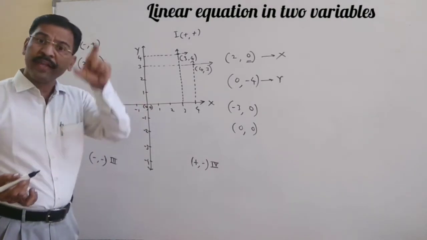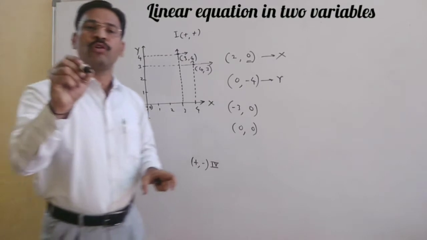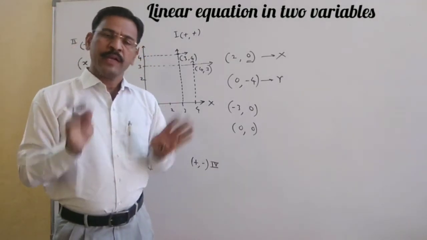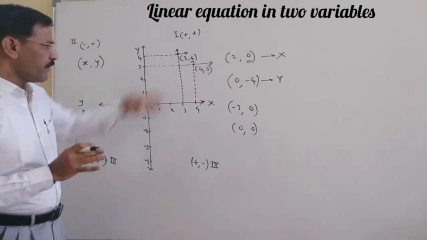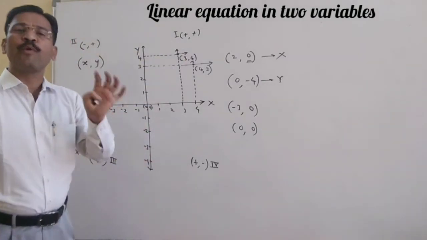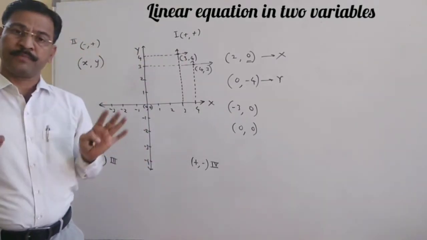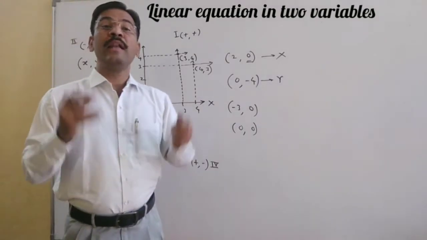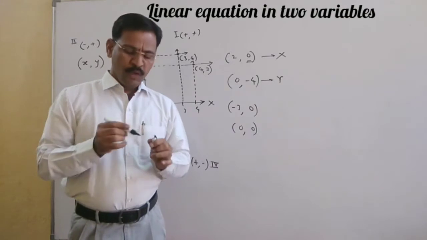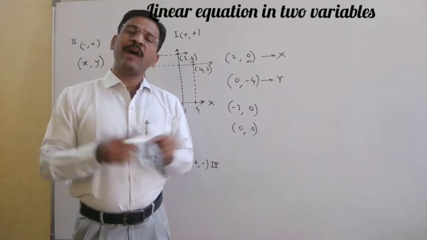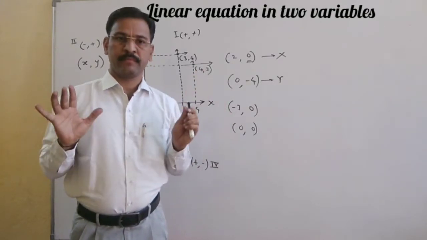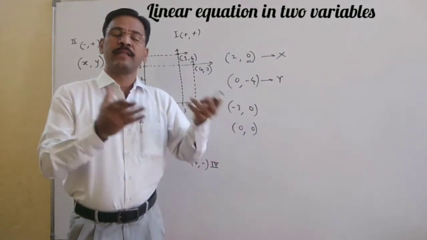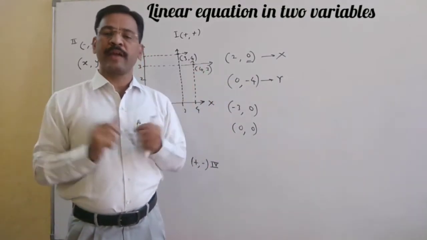Friends, that is why we have to know how to plot points on graph paper. Okay? Now one more thing is important. This is everything about how to plot a point on graph paper, and now we are going to think about how to draw a line on a graph. Tell me how we can draw a line. What are the minimum conditions we need to draw a line on graph paper?